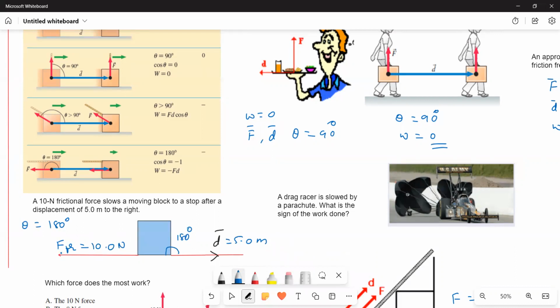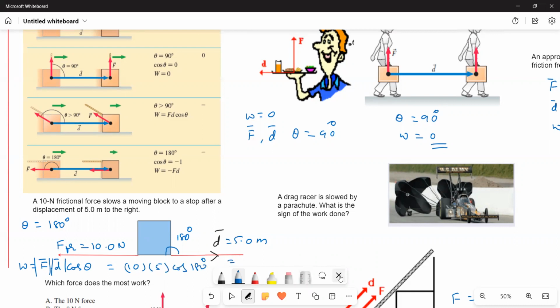Therefore, W is equal to F d cos theta. I write it like this. So this is equal to 10 into 5 into cos 180. You know, cos 180 is equal to minus 1.